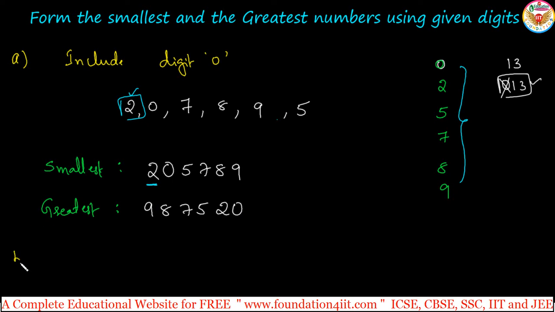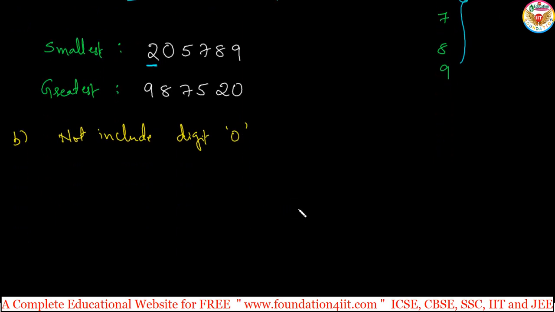And one more case, when it does not include the digit 0. If the digit 0 is not there, then the smallest and greatest is simple. There is not much difference; we can directly make them. Say for example 9, 8, 2, 3, 1, 4.